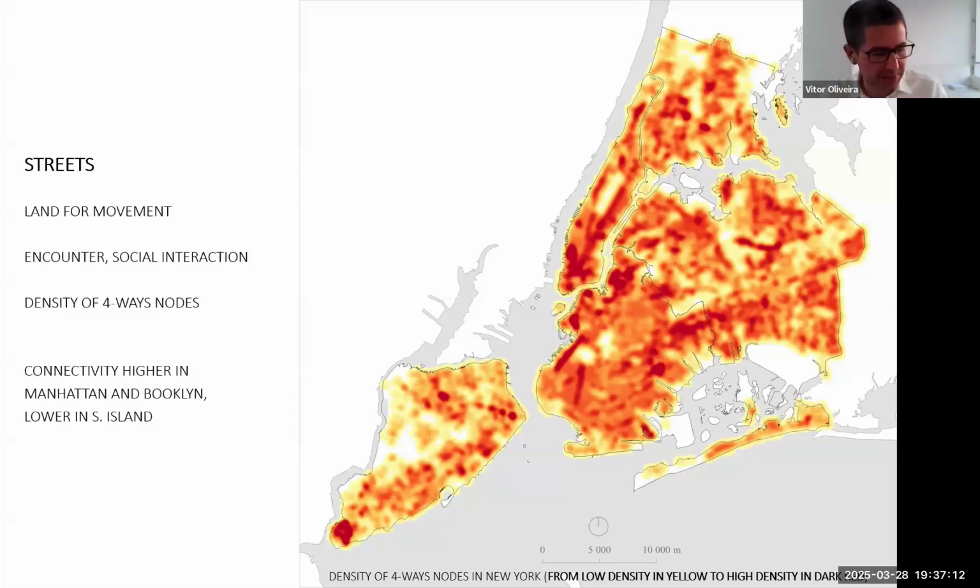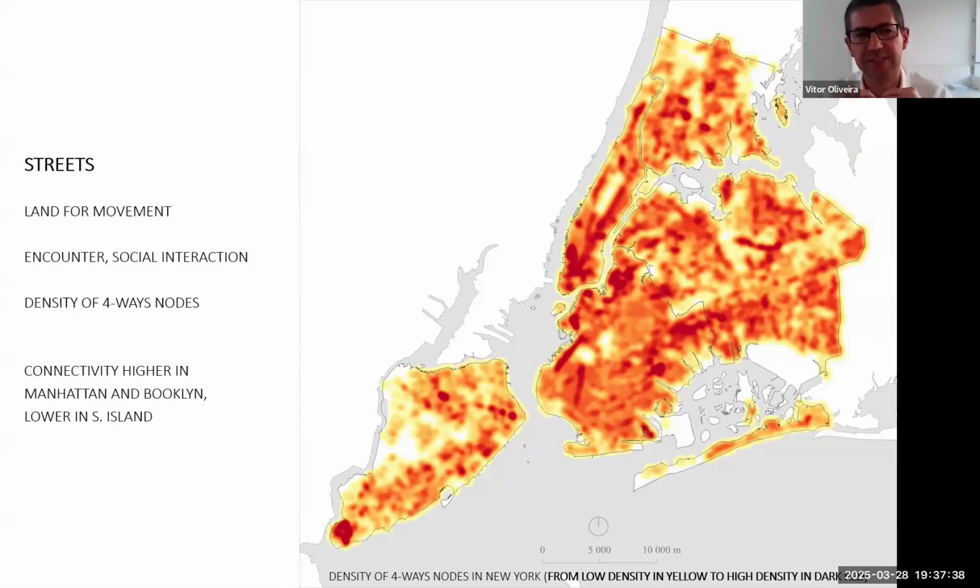As one might expect, some parts of the system perform better than others. Some parts of the street system make our movement easier, and others make it more difficult. And one of the reasons for this is the existence of nodes that can diversify our flows.